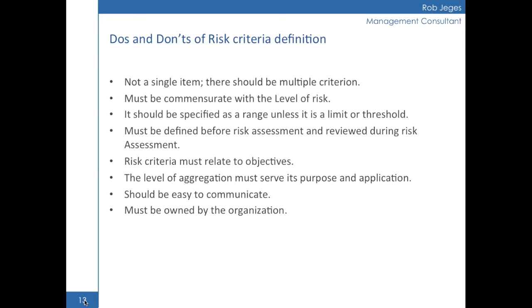There's going to be some variance, and we need to bring that into the thinking process. The only exception to that is when we're defining a limit or a threshold. In that case, a single number could be a valid thing, but most of the time we need to specify a range of possibilities.